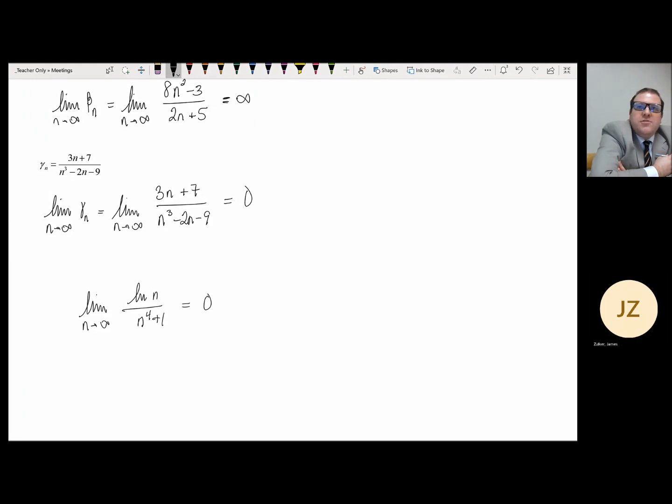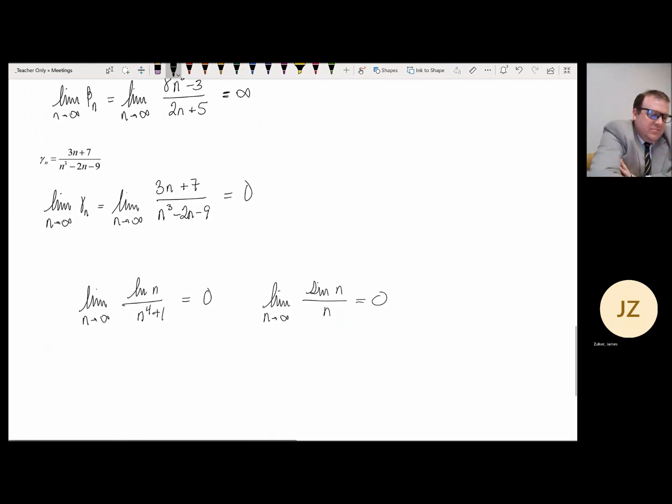Since it's in the denominator, that means the limit's 0. That limit is also 0.